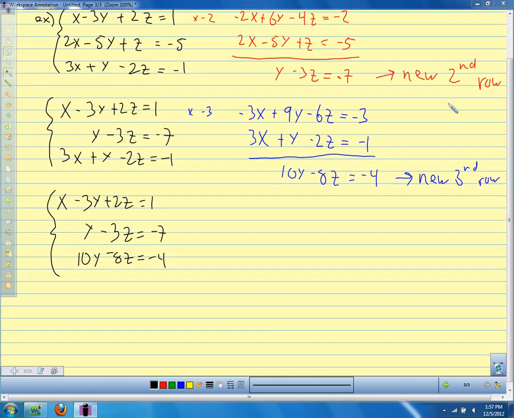So there's my system after my second operation. Now I'm going to use the second and third row to get rid of the bottom row.